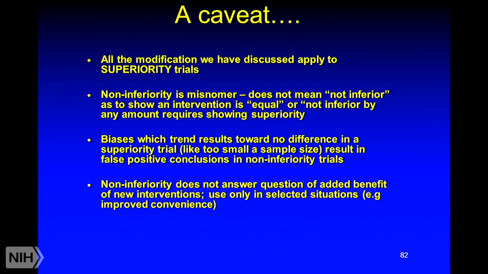Now, to you and me, non-inferior means not worse, right? At least that's what I was taught in English class. But this trial design is actually designed to rule out that the new intervention is worse by some clinically acceptable amount. Now, there are places where this makes sense, and the reason for these kinds of trials is there are places where patients may accept somewhat less effectiveness for some other benefit like decreased side effects.